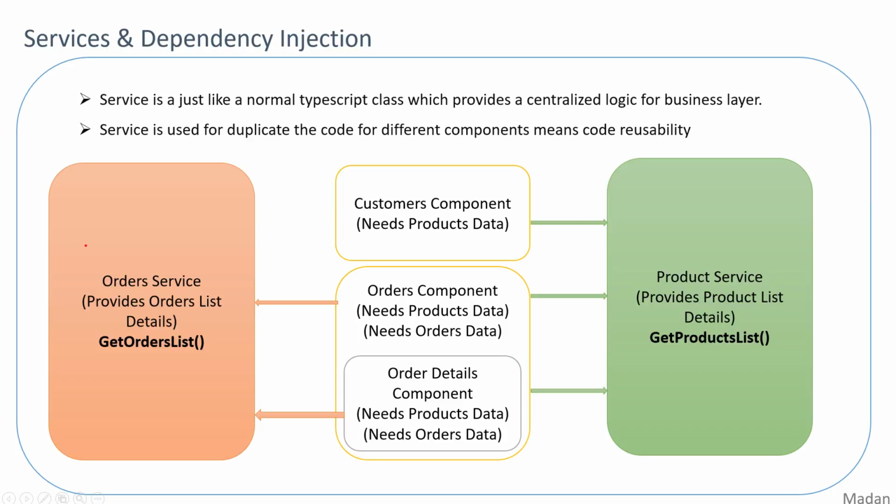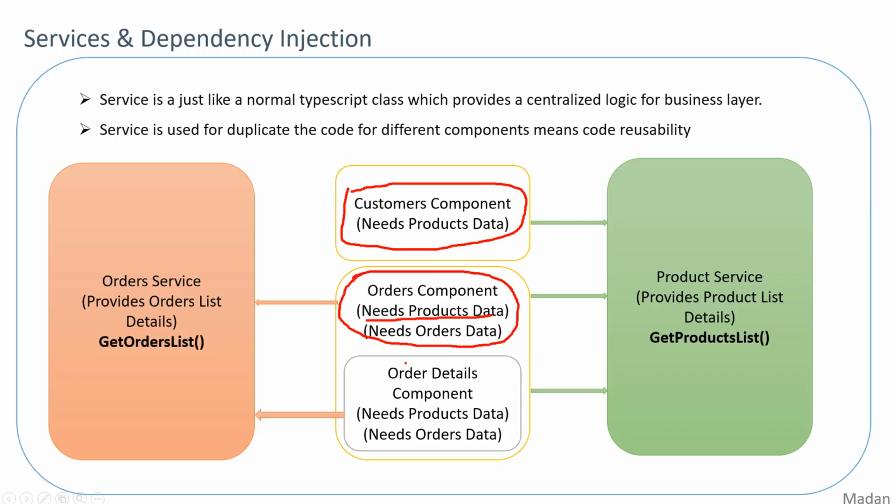For example, the customers component needs the product data, the orders component needs the product data, and order details also needs the product data. Just imagine that you don't have a service.